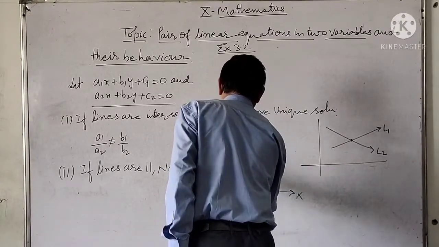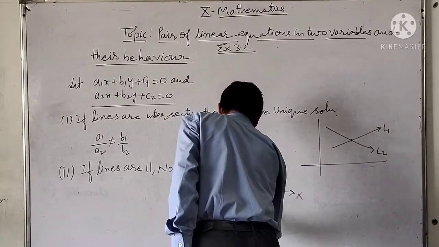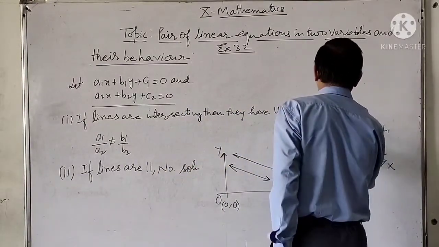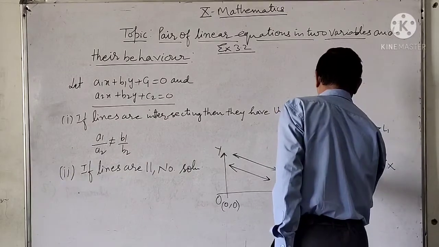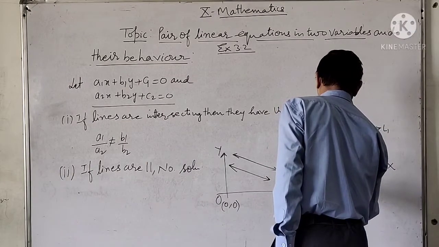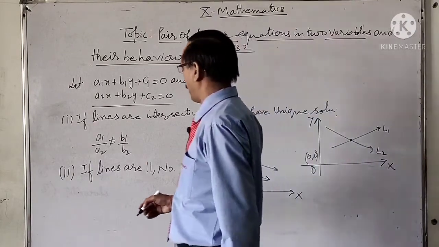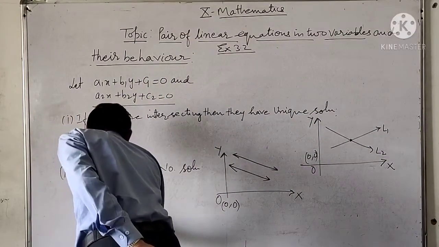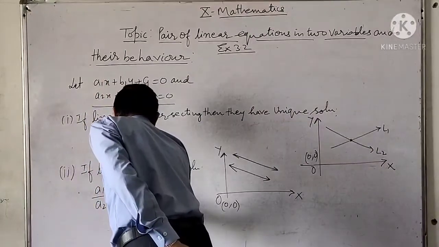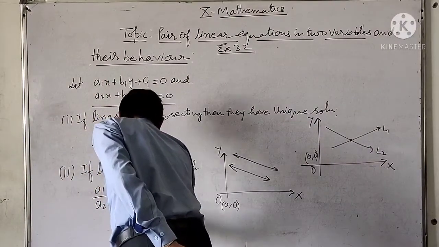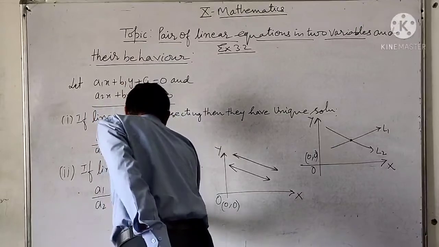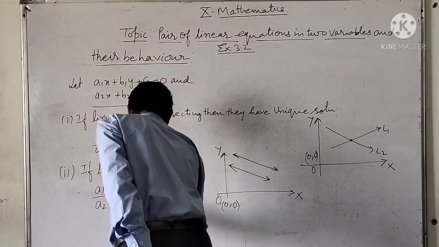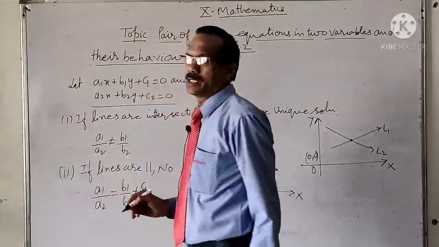There is the x-axis, y-axis, origin as usual. Same is here. X-axis, y-axis and origin. That will not change. Now, the condition for that is a1 upon a2 equal to b1 upon b2 but not equal to c1 upon c2.